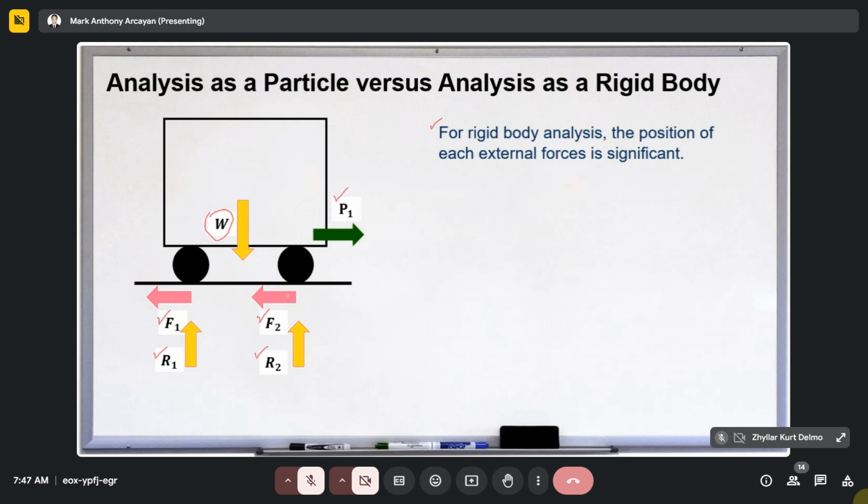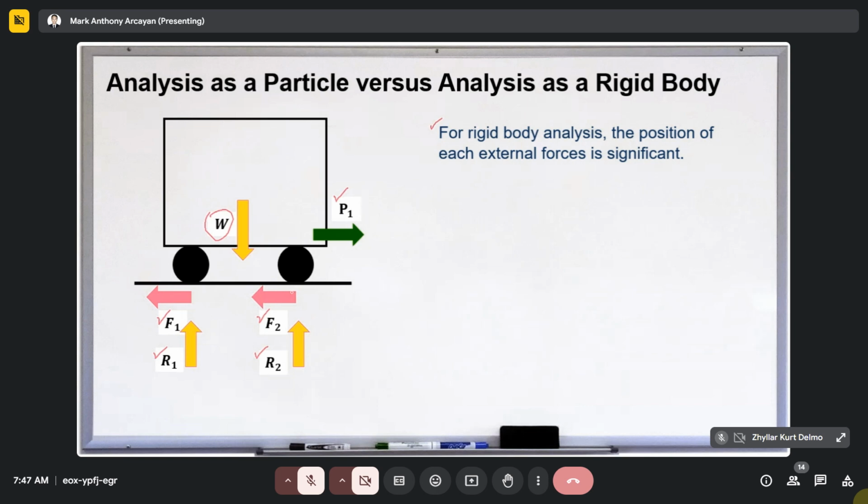The dimensions, the locations of these external forces help us to quantify the moment that they produce. Remember that moment needs a moment arm, and moment arm is associated with length or distance, therefore the dimension is important. That's the first step.